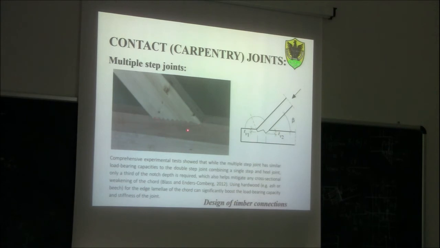The other one is going to cut much more of the hardwood here. So with a multiple step, you weaken much less the cross section of the tile compared to the single step. So the multiple step, you see, you weaken only just a little bit. Instead, with the other one, you will weaken much more.